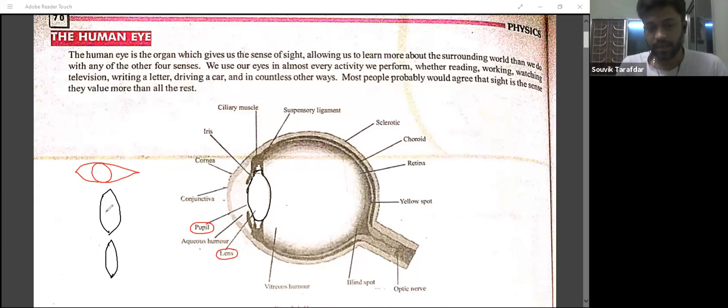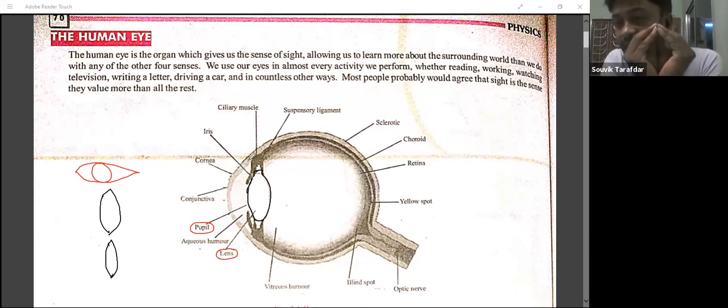Now, in the case of the eye lens, this eye lens is made of such a jelly kind of material that if required, it can be bulged or it can become thin. It can be thick like this, the above one, or thin.